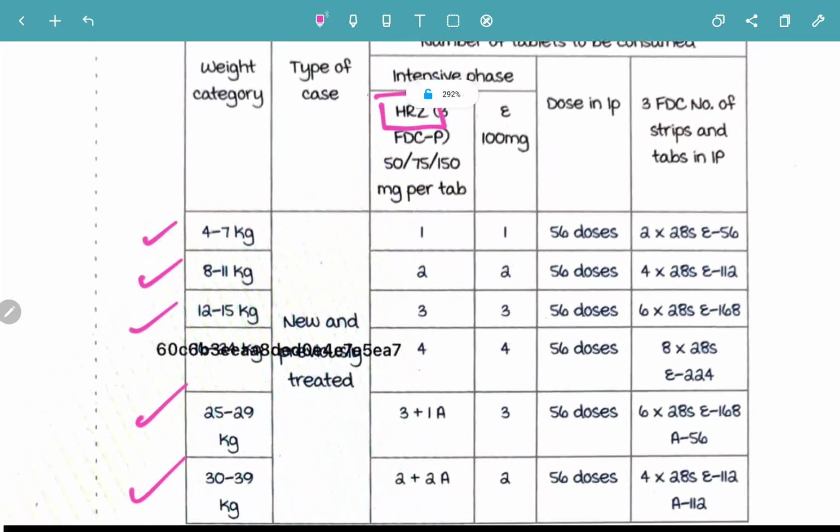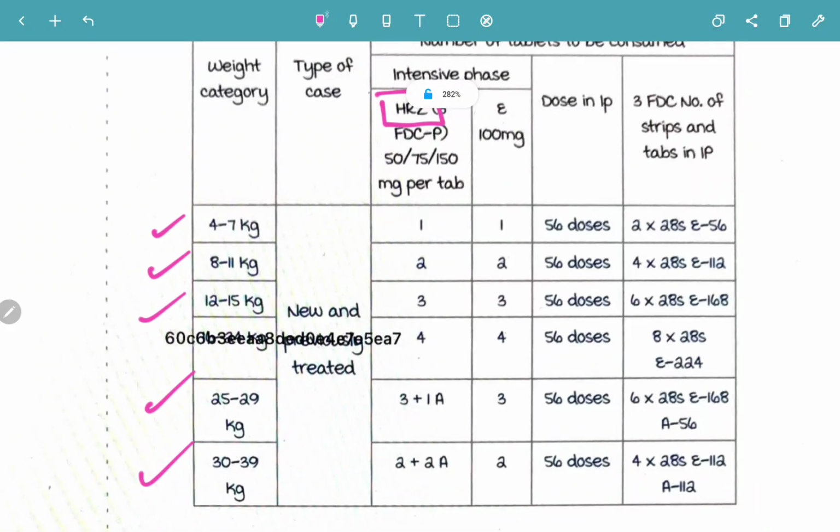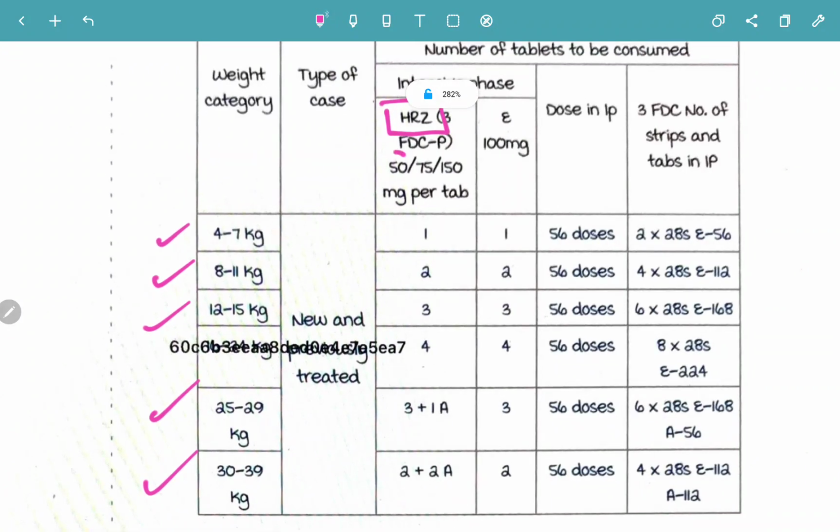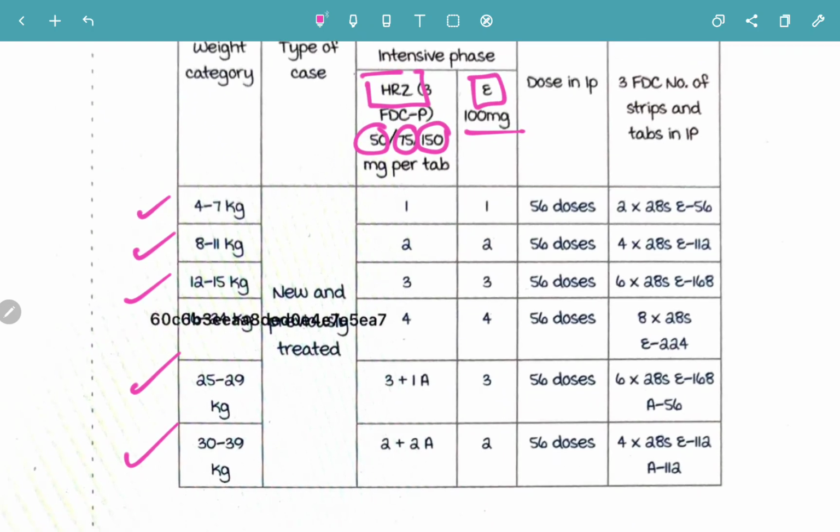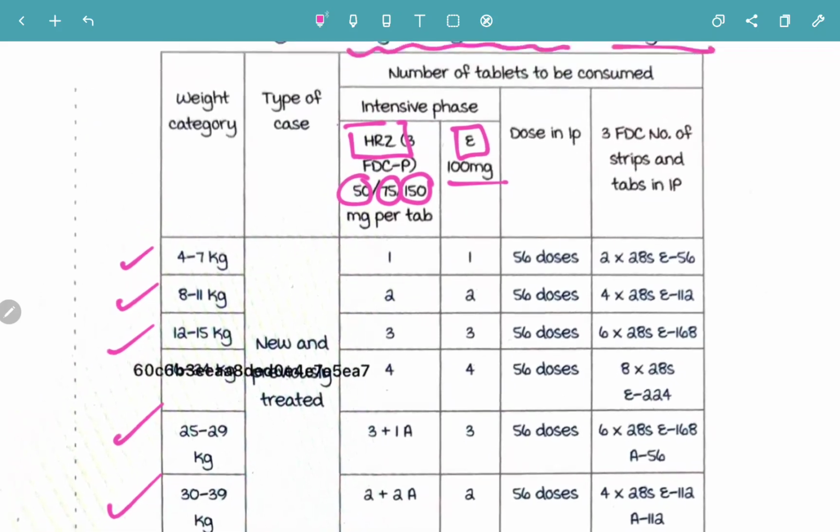So there are 3 fixed dose combinations, 50, 75 and 150 respectively. Ethambutol is given separately, that is 100 milligram. The number of tablets will be respectively 1 and 1, 2 and 2, 3 and 3, 4 and 4. And 56 doses will be given totally during the intensive phase.